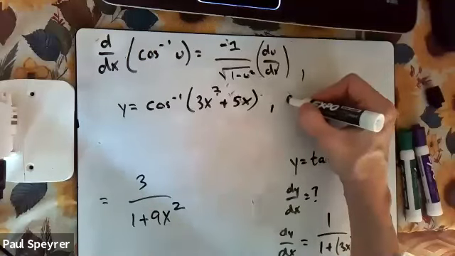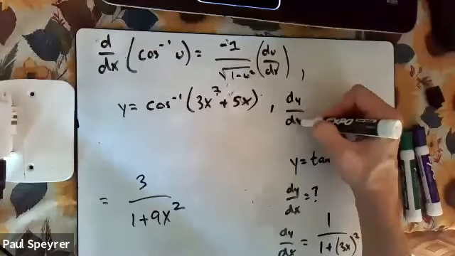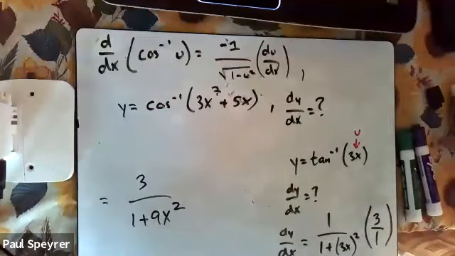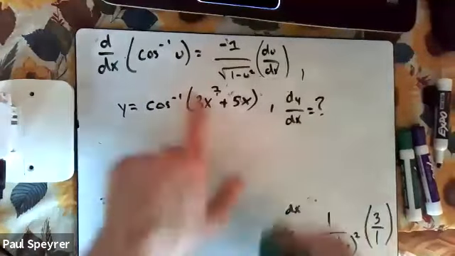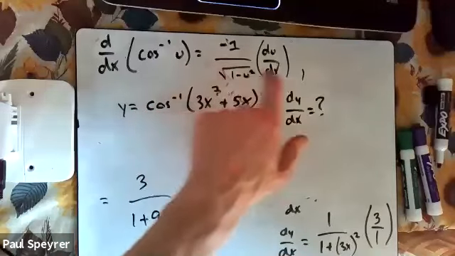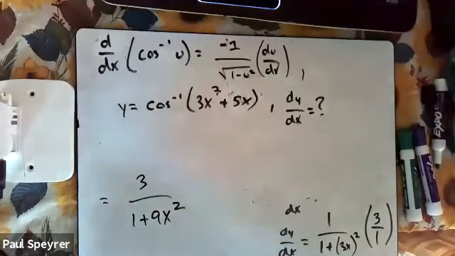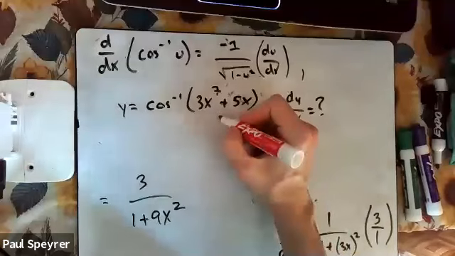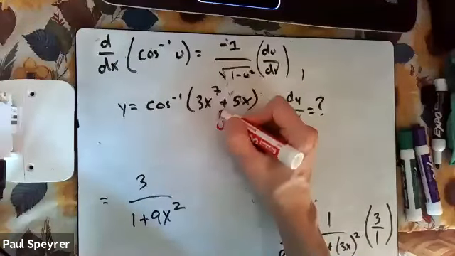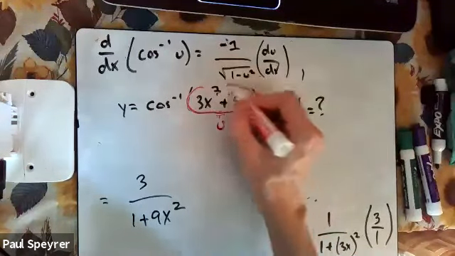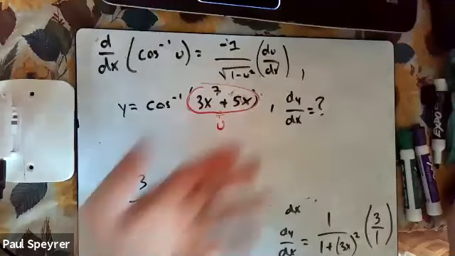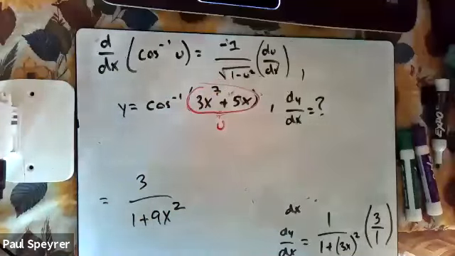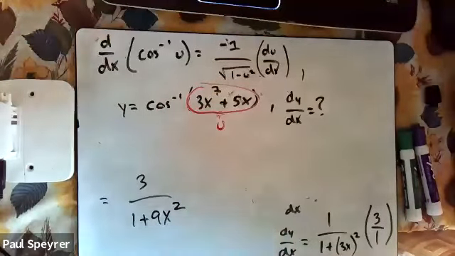And we want dy dx. So we know we got to use this one, right? What do you do first? Just identify the u. What's the u? It's this whole thing. All this is u. Now that we have that, we just throw it into this equation right here, that formula. So what is that?